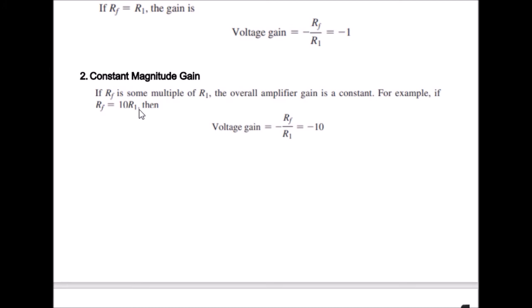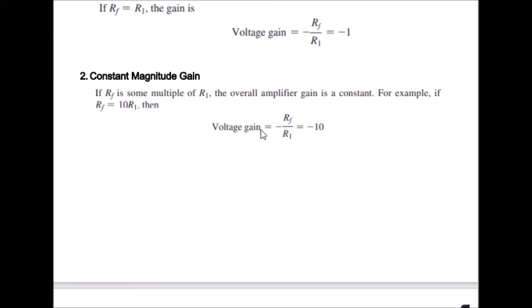Next, we have a constant magnitude gain. If RF daw is some multiple of R1, the overall gain is a constant. For example, if RF is equal to 10 R1, then, anong nangyari dito? Di ba voltage gain kanina is negative RF over R1? And if RF is equal to 10 R1, cancel si R1, then you'll be left with 10.